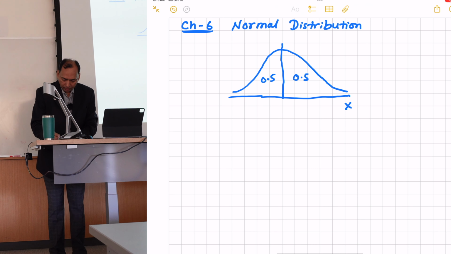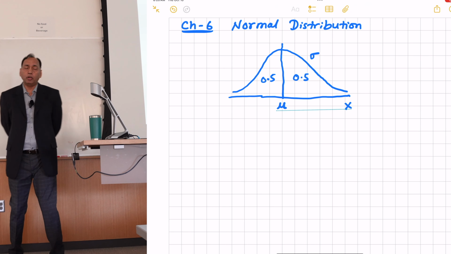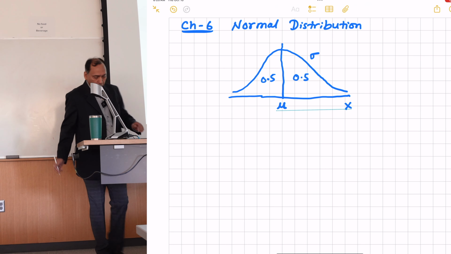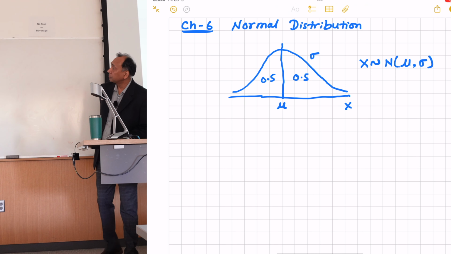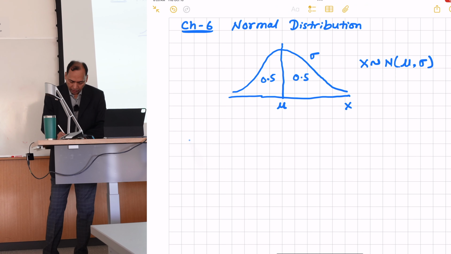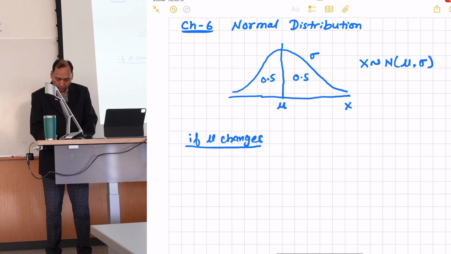You have mu or mean and sigma as two parameters for normal distribution. So we write x follows normal distribution with mean mu and standard deviation sigma. Now if mu changes, if the mean or the central location of any data changes, the change may look like this.